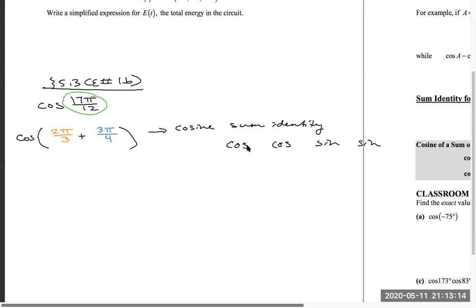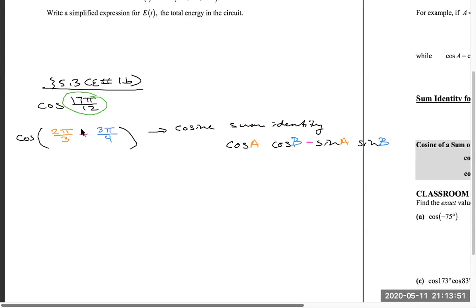So we're going to have our A, B, A, B, and since it's cosine with a plus right here, there's going to be a minus in the formula.